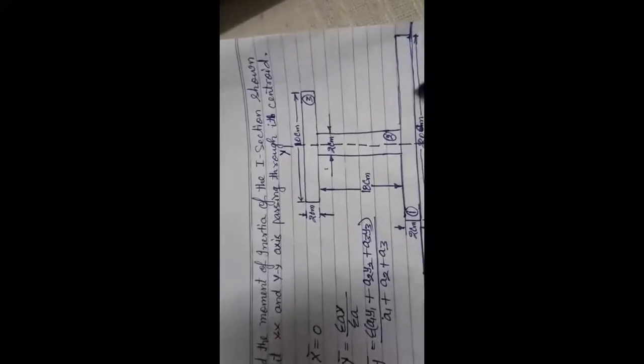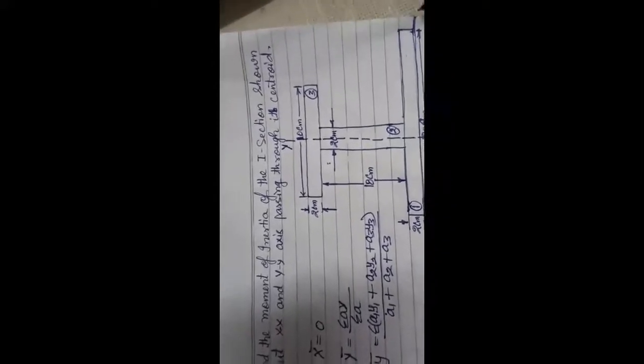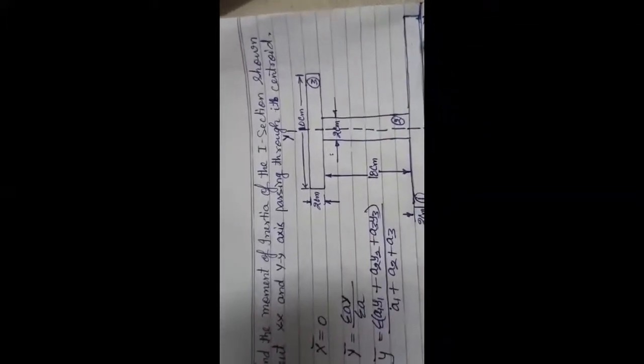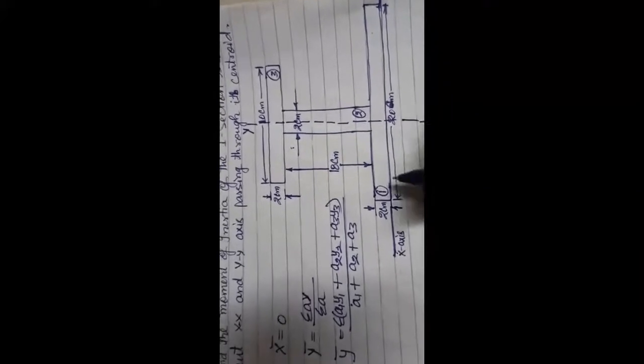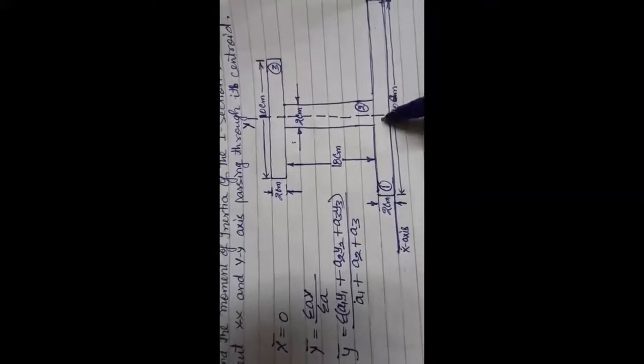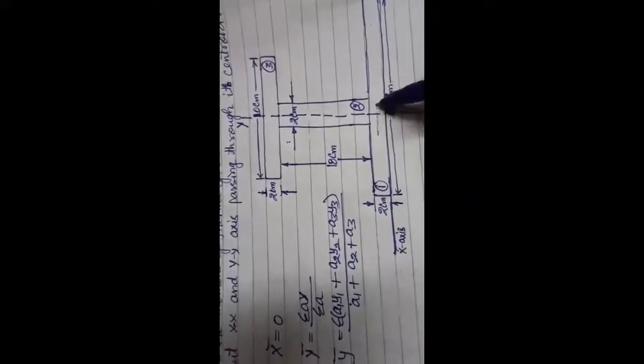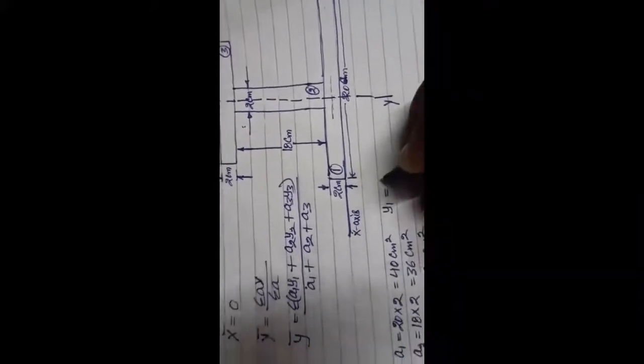Now y1, y2 and y3. All of y1, y2 and y3 will be measured from this reference line. For all individual parts, we will measure the centroidal distance from this reference line. So y1 is half of this, because the centroid lies here. This is half of 2, so it is 1 centimeter.